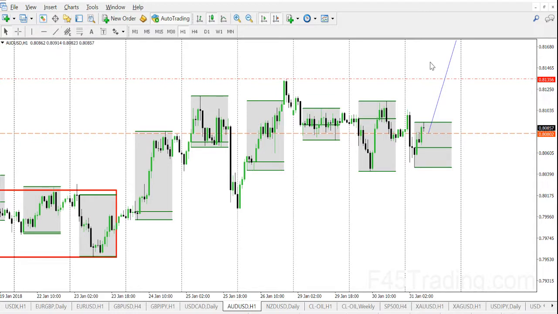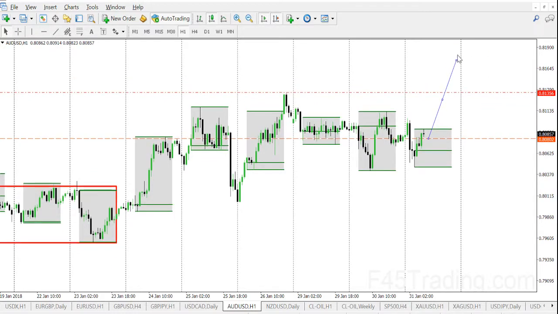Maybe it goes 300 pips straight vertical. Maybe it goes 100. Maybe it goes 80. I don't know, but it typically happens in a couple of days, no longer than a week. If I can remember right, it might be 3 days max that it has to occur for it to be valid. So price trades out of this range 100 pips, 150 pips, 200 pips, whatever.